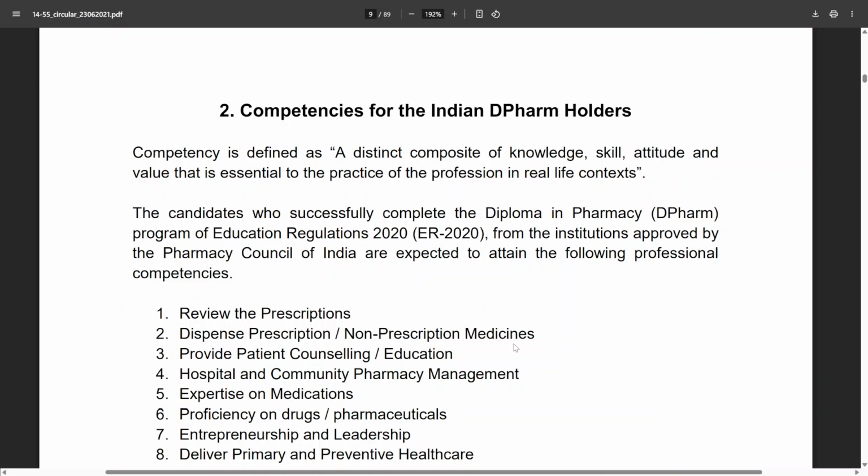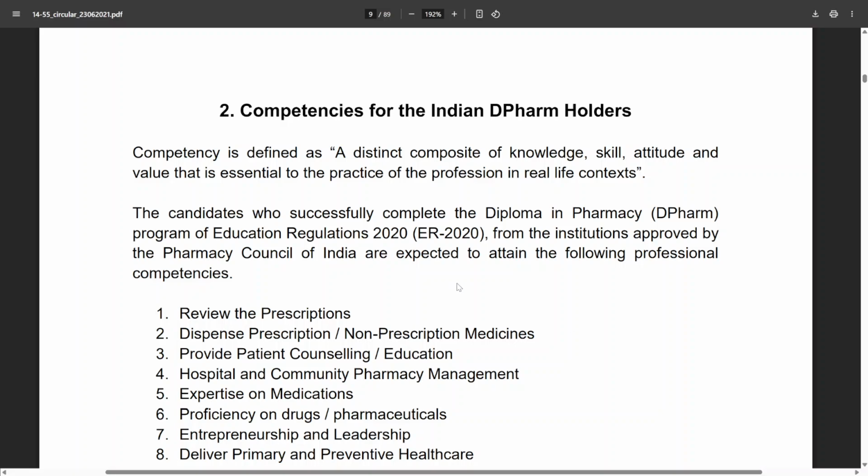If not, then you are going to face problems when you go for registration. A pharmacist needs to be registered in their own or respective states after the completion of this Diploma in Pharmacy course. So only registered pharmacists can practice. So when you go for registration, you might face the problem if your college is not approved by the Pharmacy Council of India. Let's move ahead.